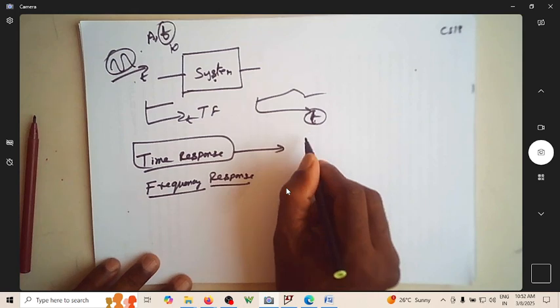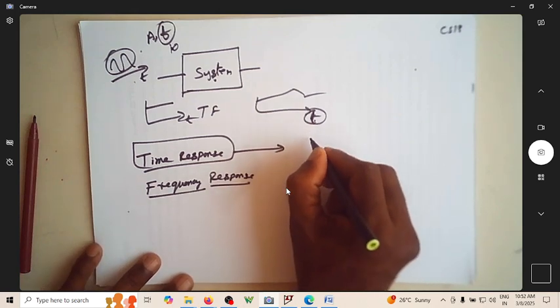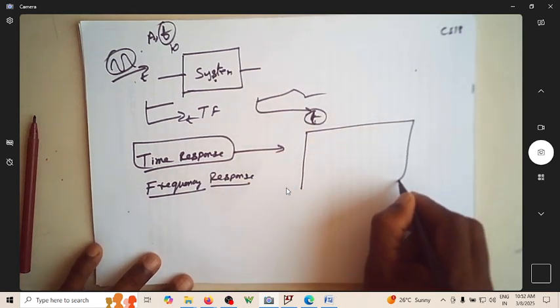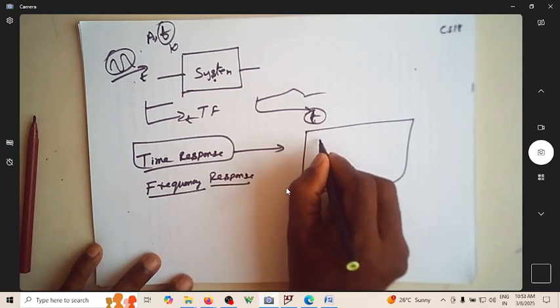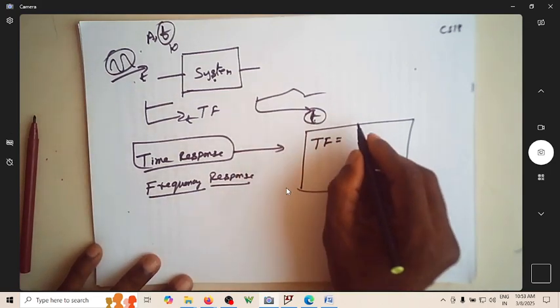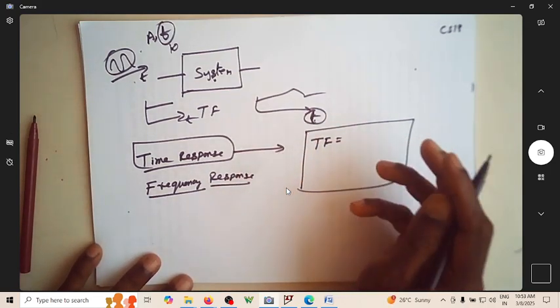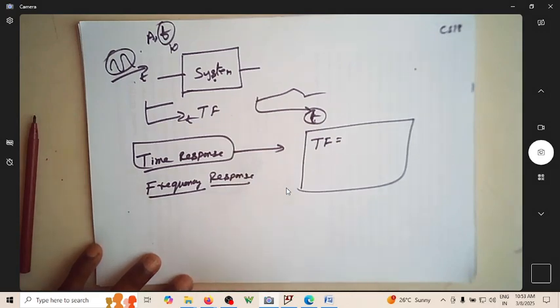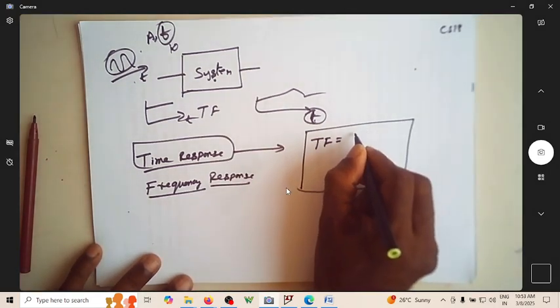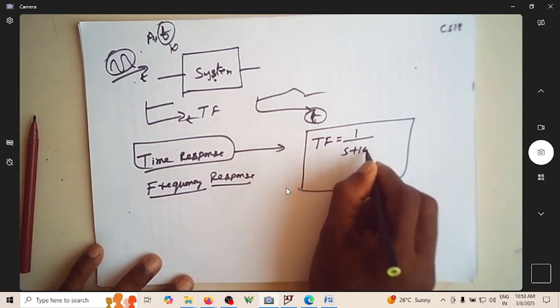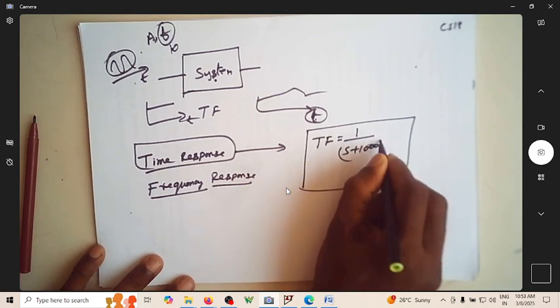Now, what is this system? A system is represented by a transfer function, and it will have n number of poles and zeros. Let me consider 1 over s plus 1000. How many poles are there?